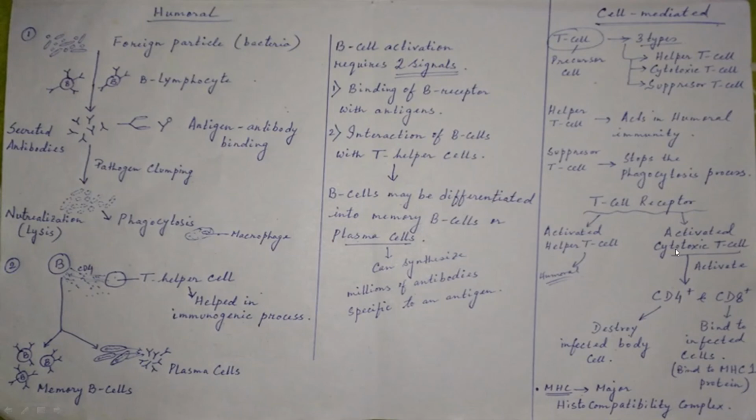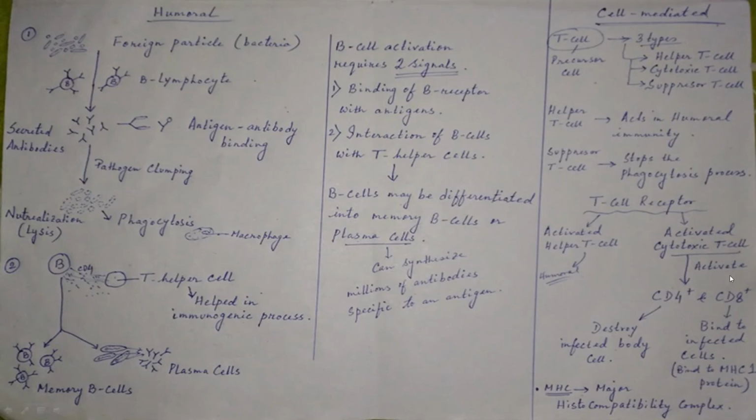And when cytotoxic T cells are activated, they release two types of proteins, like CD4. Now they are activated, meaning they are charged or energized, so plus, they are charged particles.